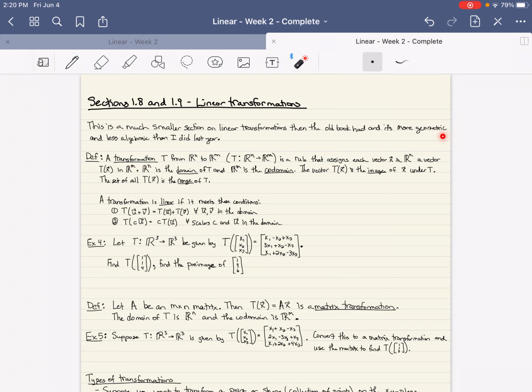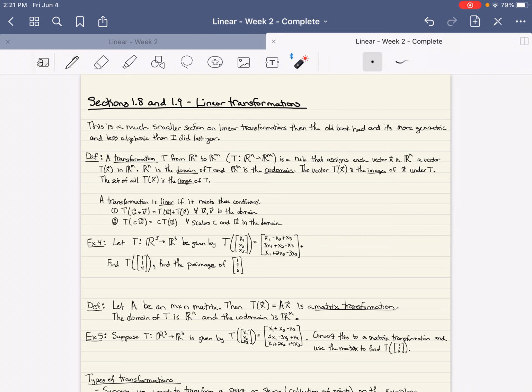This is definitely different than the way the other book I used looked at it. They were much more algebraic and less geometric. So they go through the whole idea of domain, codomain, and range. So normally you think domain and range for functions because these transformations are just functions that are acting upon vectors.